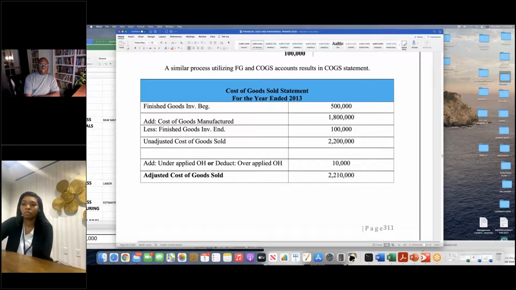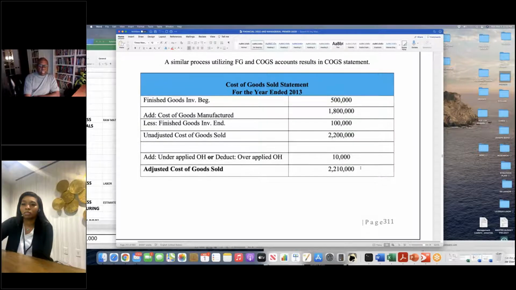Cost of goods sold statement, it's not that difficult. Beginning finished goods inventory plus cost of goods manufactured, less ending finished goods inventory, the unadjusted cost of goods sold. Then we adjust it when we work with that estimated overhead to get our adjusted cost of goods sold.